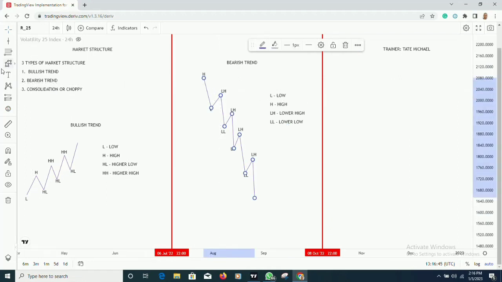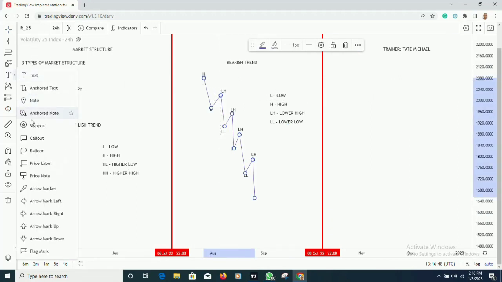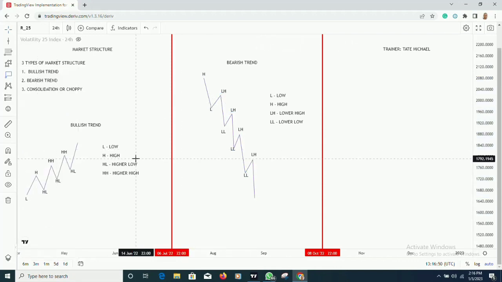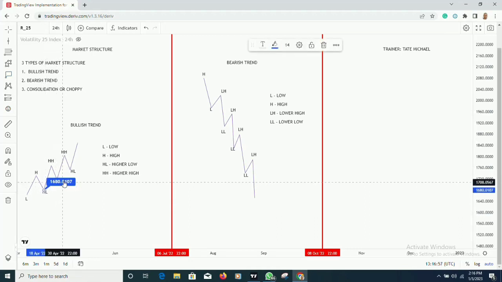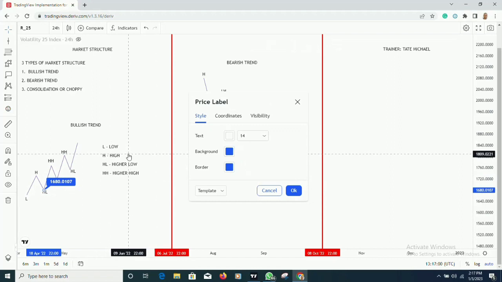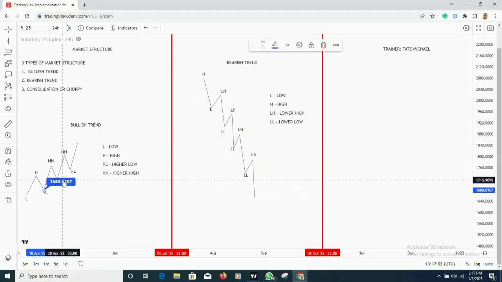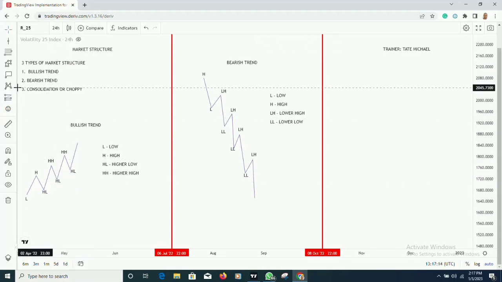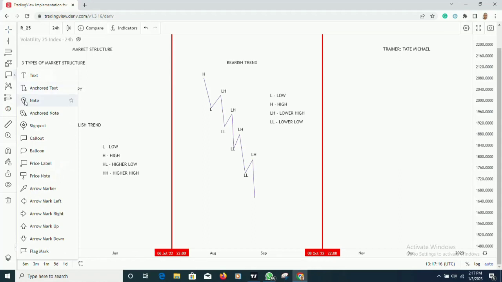So let me mark this so that you can use it as a reference. It's called the structural point. Oh, I took the wrong label. Sorry, please. Let me use notes.